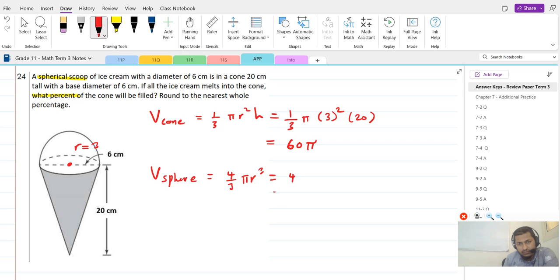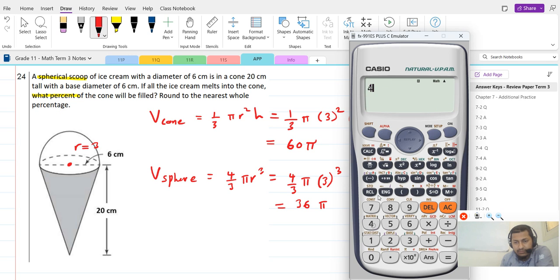So we have 4/3 pi, r is 3 cubed. The 3s cancel out. I think you'll get 36 pi. Let's just double check that. So we have 4/3 shift pi times 3 to the power 3, 36 pi, right?